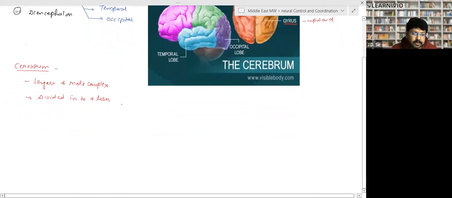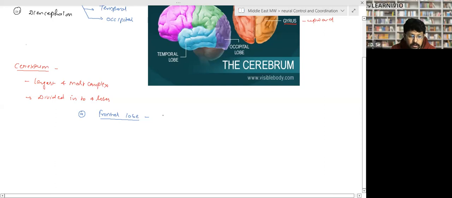Now put the heading, first subheading, that is frontal lobe. Now you have to write down the functions of frontal lobe in bullet form.